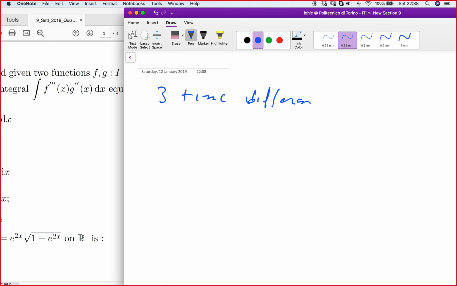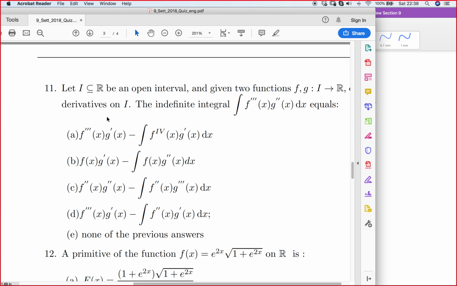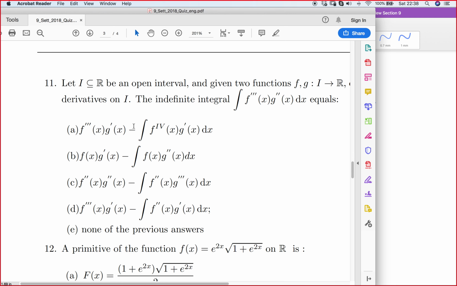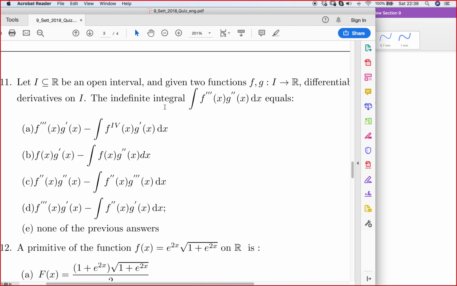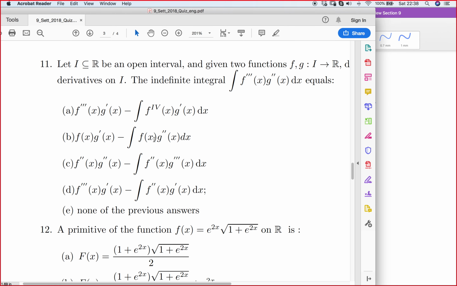This means that I don't know if it is 4 times differentiable, 5 times, but I'm sure that it's 3 times differentiable on I. The indefinite integral of the third derivative of f of x multiplied by the second derivative of g of x is equal to, and then you have some proposals.